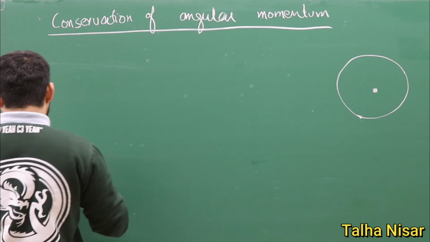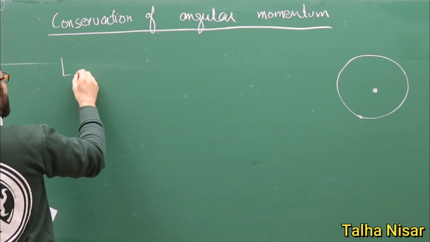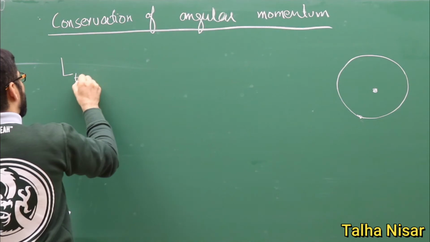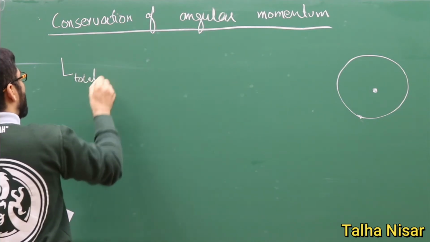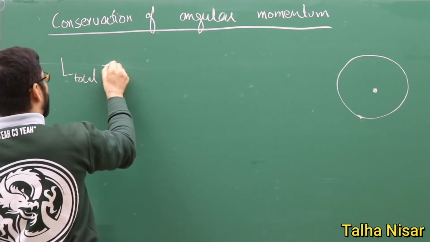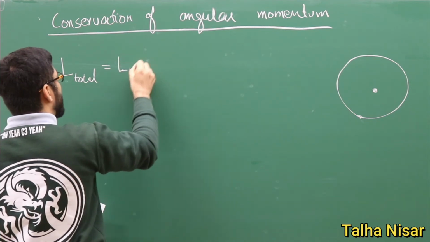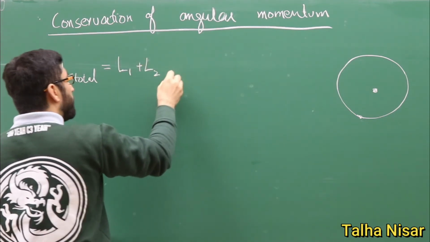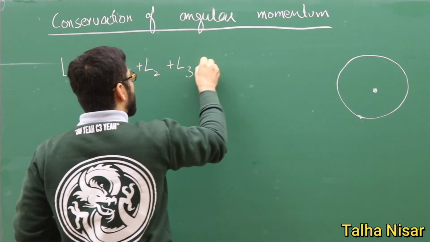So generally, we can write that the total angular momentum is equal to L1 plus L2, for example, plus L3.